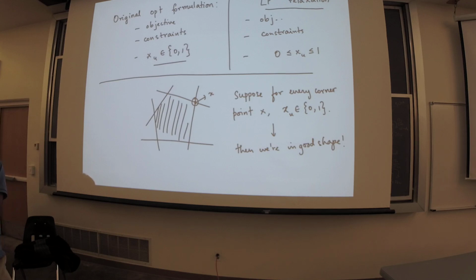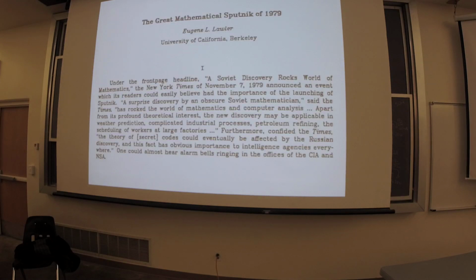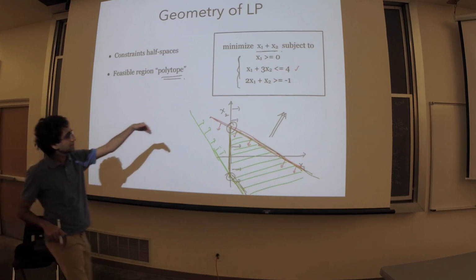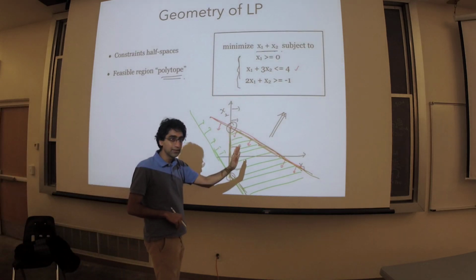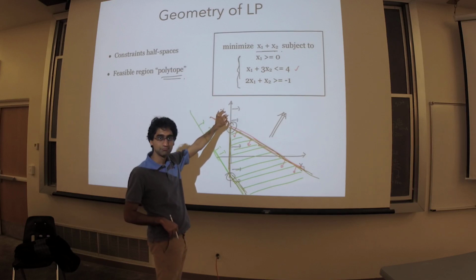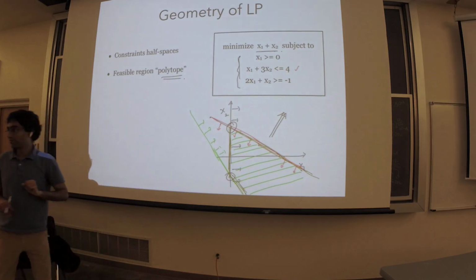Intuitively, what is a corner point? Let's go back to the simple 2D example that we saw. Here you had a bunch of constraints, and in 2D, a corner point was some place where two constraints met. That's how you can define corner points in general.